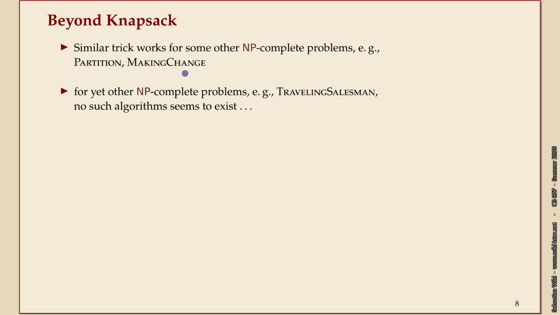Finding the minimum number of coins is NP hard, but can be solved with such a pseudo-polynomial algorithm. But they also have a similar flavor to this knapsack problem. Whereas for other problems, even if they're integer input problems, it seems you cannot do such an algorithm. And there's a little bit of theory to suggest why that is indeed not possible.